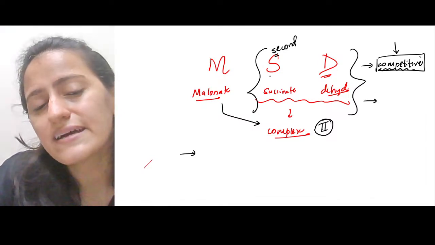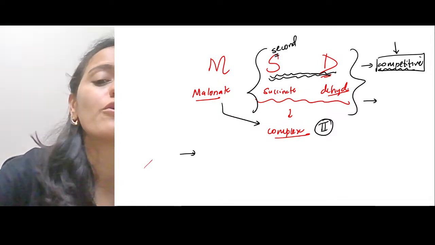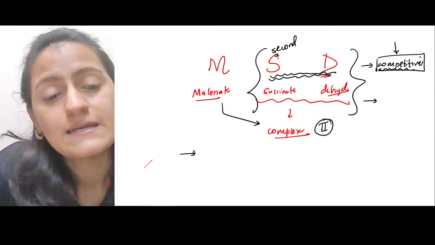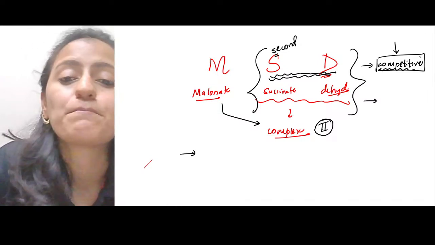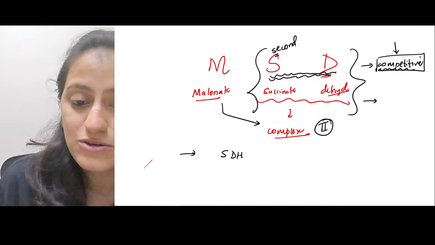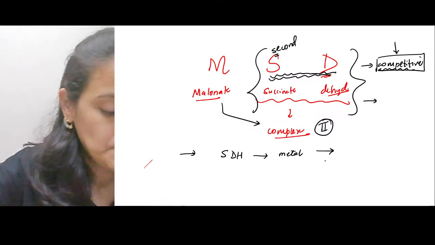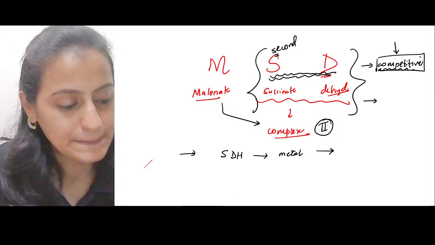Another question here, succinate dehydrogenase. What is the metallic cofactor for succinate dehydrogenase? Is it copper? Is it iron? Is it nickel, magnesium, manganese, zinc? What is the metal cofactor for succinate dehydrogenase?